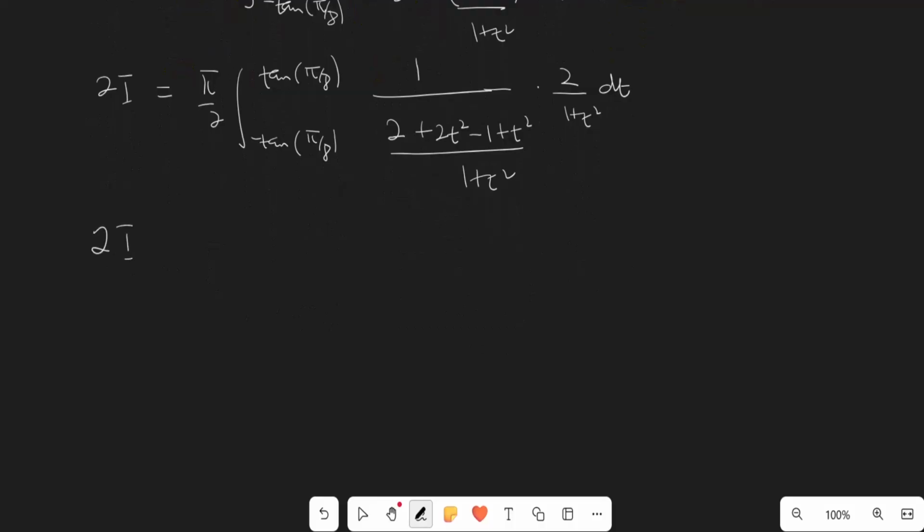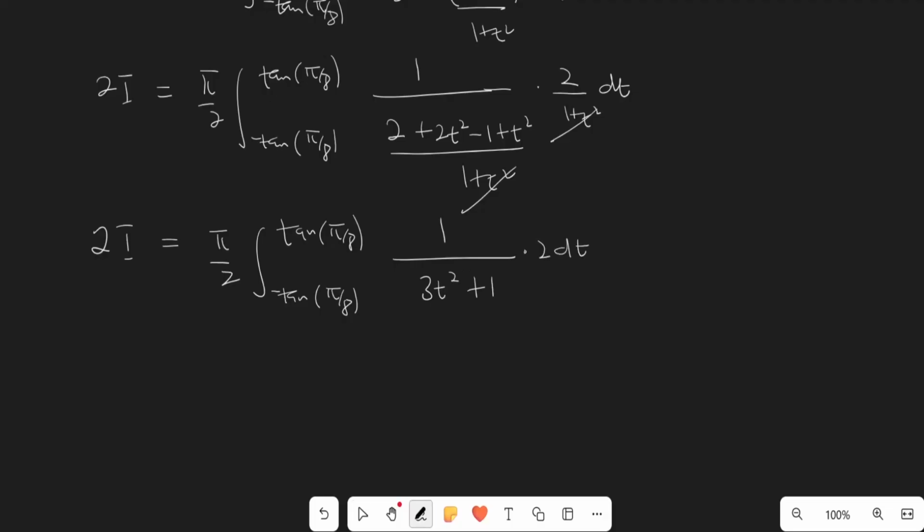So 2I is pi over 2, the integral from negative tan of pi over 8 to positive tan of pi over 8 of 1 all over this, and this will cancel. Now we have 2 minus 1 here, which is 1, and 2t squared plus t squared is 3t squared, plus 1, times 2 dt.